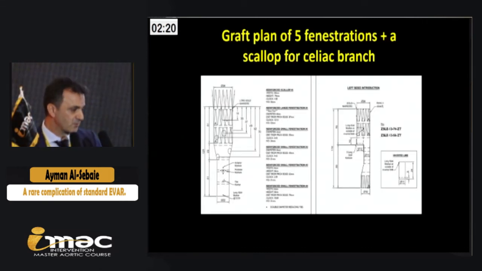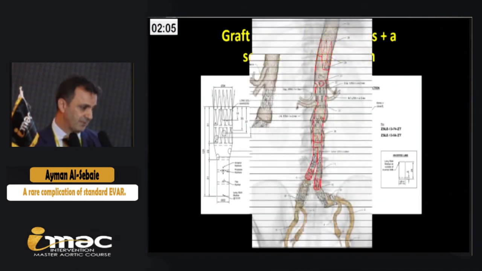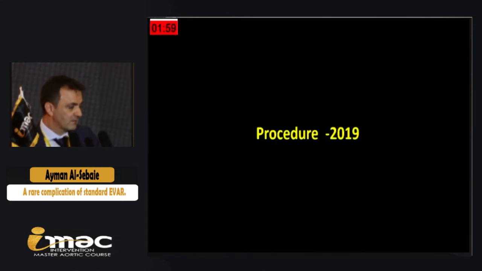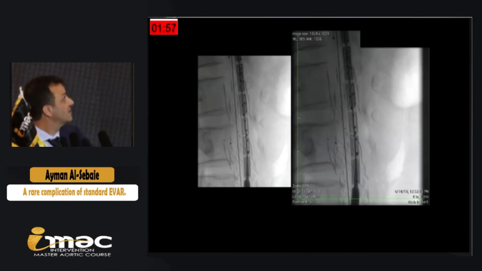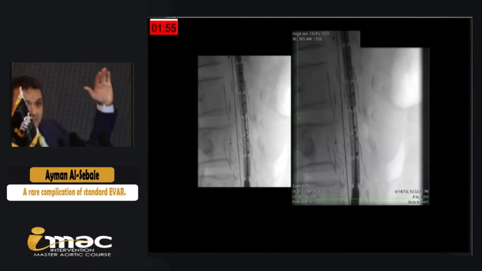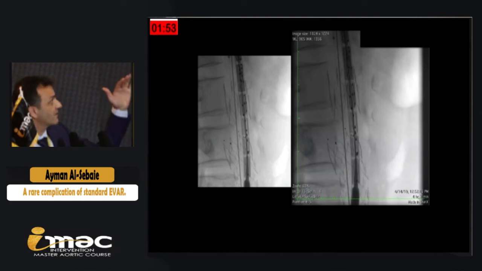So this is what we ended with, a device with 5 fenestrations and a scallop, 4 for the renal arteries, 1 for the SMA, and the scallop for the celiac trunk, and the main body with inverted iliac limb to be able to cannulate them. So this is our plan. You can see here that the bare metal is completely separated from the graft and the graft moved down.